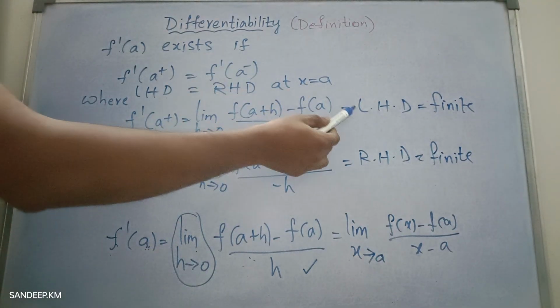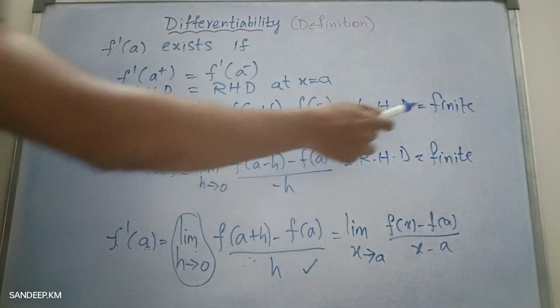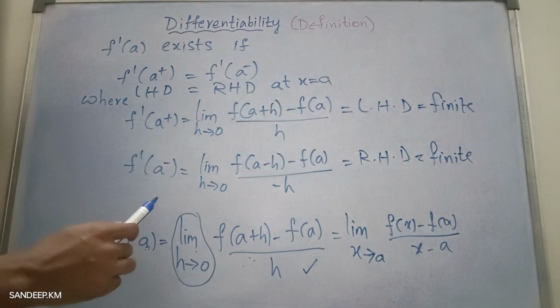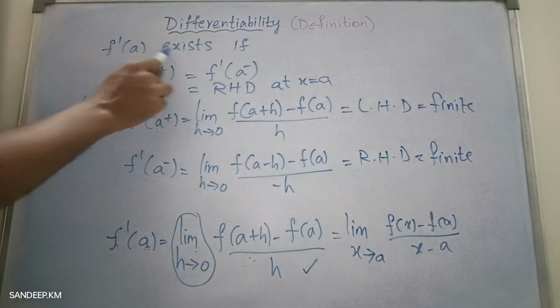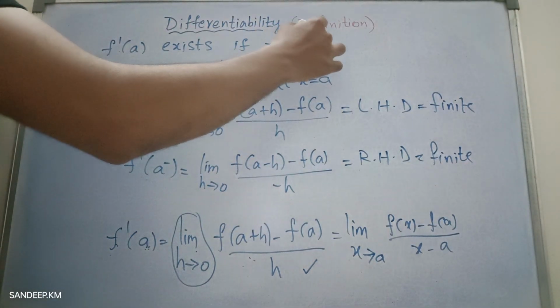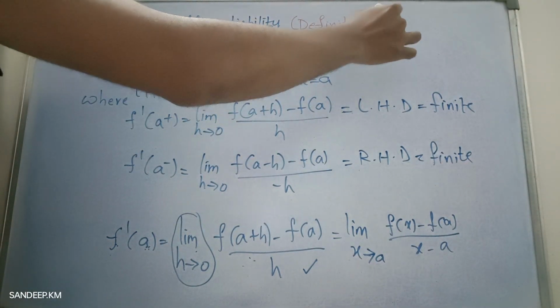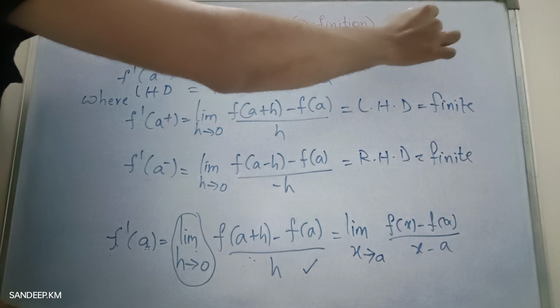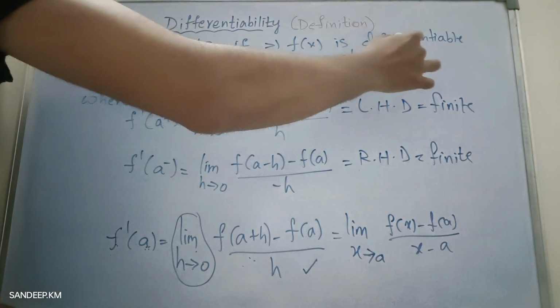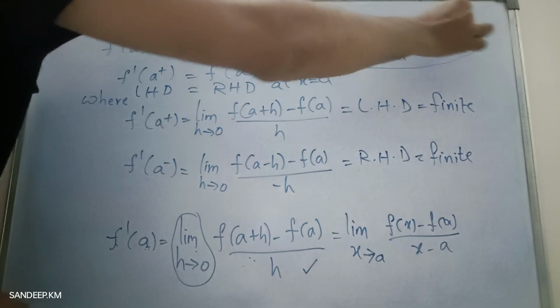The left hand differentiability and right hand differentiability must be finite, and at the same time they must be equal to each other. If that is the case, we say that f'(a) exists, and hence we can say that f(x) is differentiable at x = a. So what is the meaning of this statement, dear students?